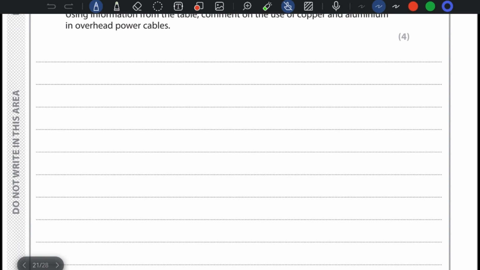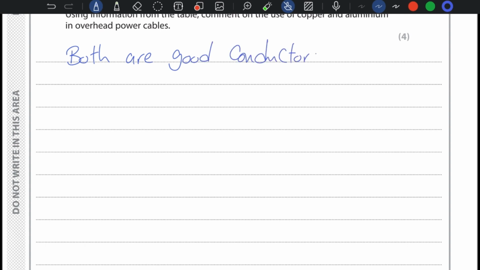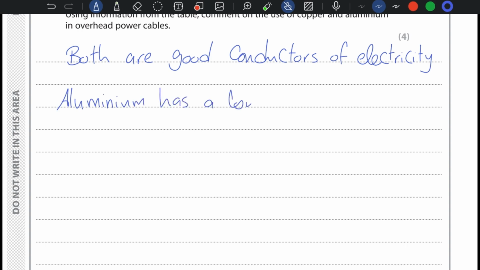So we can write it as: both are good conductors of electricity. Aluminium has a lower mass, or even we can say lower density, because mass over volume is equal to density.